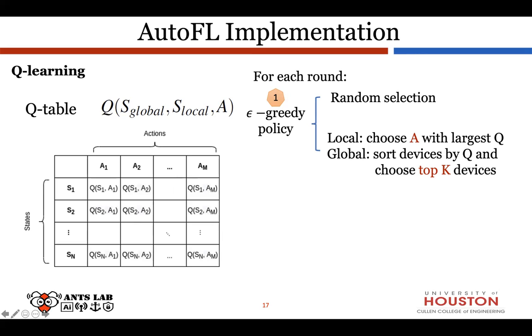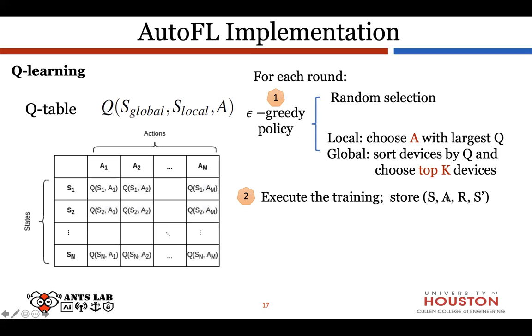This is a selection of our execution target. And the second level is a global level. After we select the execution target, we will sort all devices by their Q value and choose the top K devices to participate in the training. So this is their epsilon greedy policy. After we have the action, we will execute the training according to that action, and then we will store these transactions in the memory.